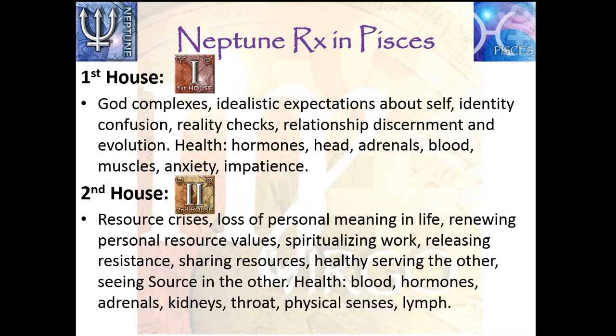Neptune, and this will be on the last slide, Neptune Pisces 12th house. Neptune rules the immune system, it rules the endocrine system, it rules the lymphatic system, and so Neptune has a lot to do with health and wellness. Again, the Virgo-Pisces polarity, the 6th-12th polarity, has a lot to do with it.